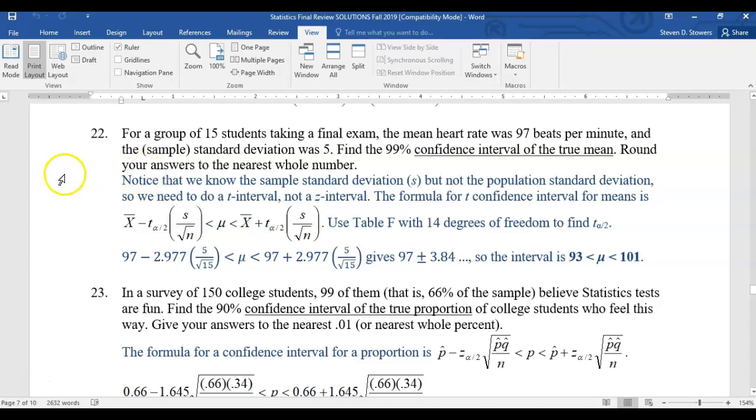Now, since that is a sample standard deviation, we are doing a t interval, not a z interval. The formula for a t confidence interval for a mean looks like this. We have to get the t sub alpha over 2 values from table F. Degrees of freedom is 14 because it's sample size minus 1.